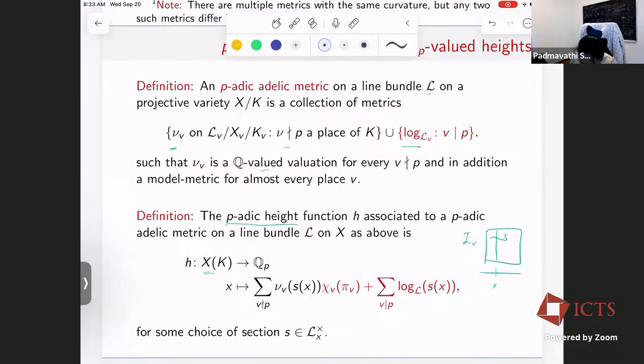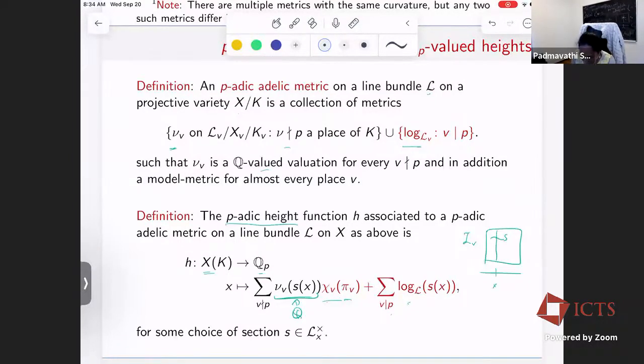Then you can evaluate these local Q-valued valuations at places away from P. So these are rational numbers. At the end, you want to build a p-adic number, so you scale these by the constant that you get by evaluating the idele class character at a uniformizer, at any uniformizer at P. And then at places dividing P, you evaluate the log function at the section.